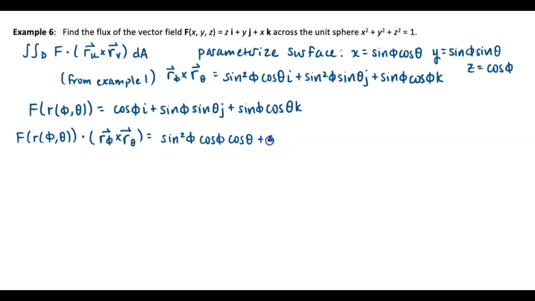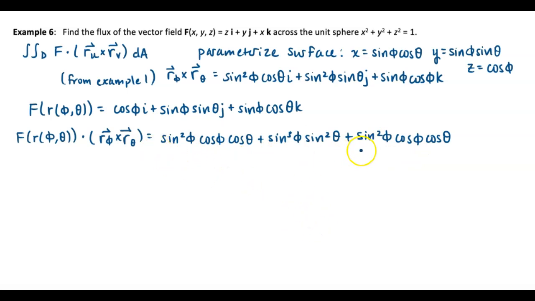So that's going to look like the sine of phi cubed sine of theta squared, plus sine phi cosine phi times sine phi cosine theta. So again, that's going to be a sine of phi squared cosine of phi cosine of theta. And I'm looking to see if there's any way I can simplify this.